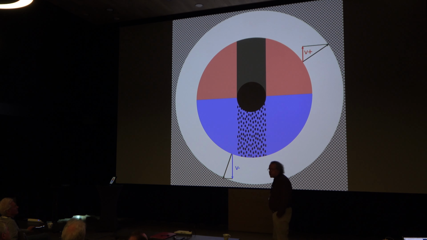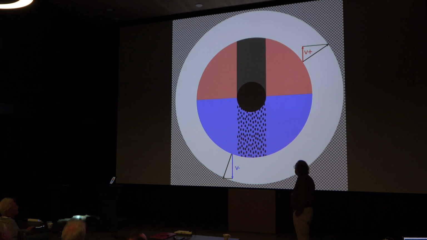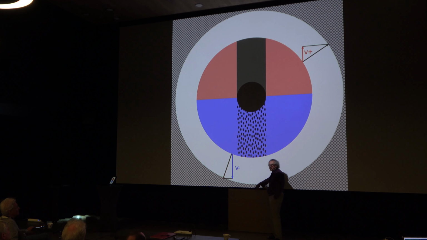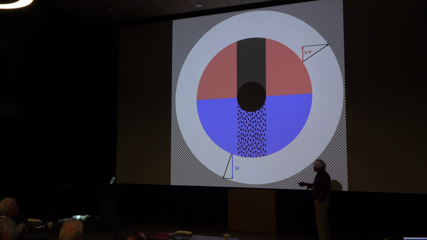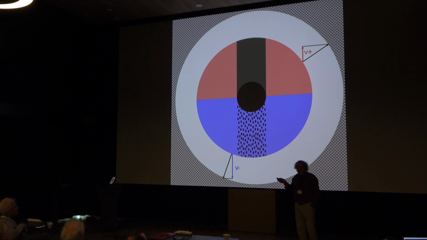Okay, what does the observer see? The observer is located here, looking upwards, but 3,000 light years away. The expanding atmosphere, the wind, causes a Doppler shift.